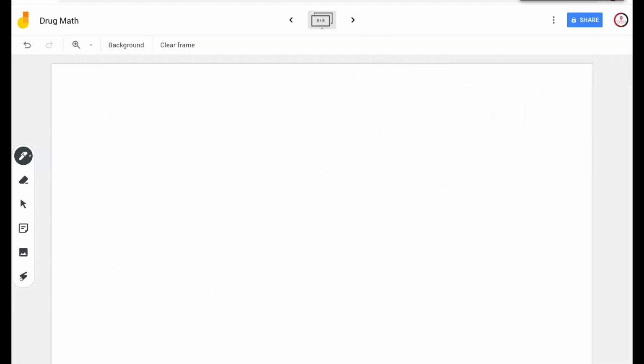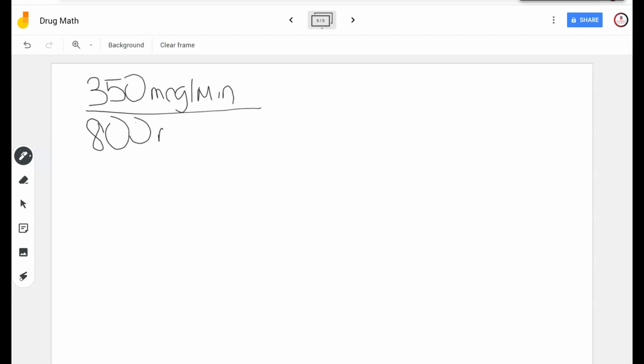Anyway, so now we know how much we have. So we want to give our patient 350 mics per minute. And we have our dose on hand is 800 mics per milliliter. Okay, and we know that our administration set is a 60 drop set.